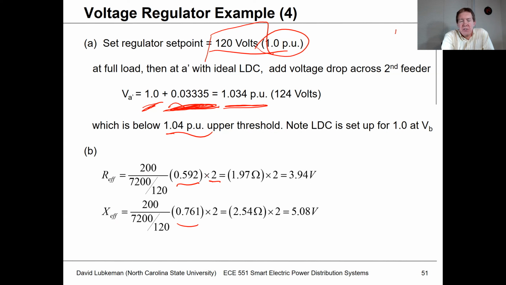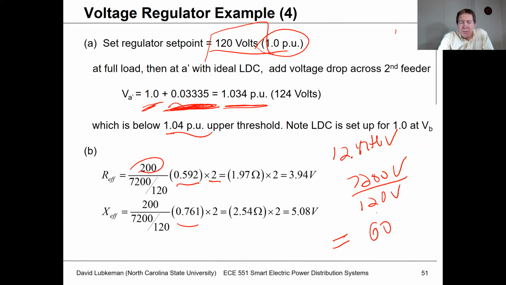This is net resistance. The CT ratio is 200, and then I need to divide that by the turns ratio. If this is a 12.47 kV circuit, that's 7,200 volts line to neutral. I need to convert that to 120 volts for the control circuit, which gives me a ratio of 60.